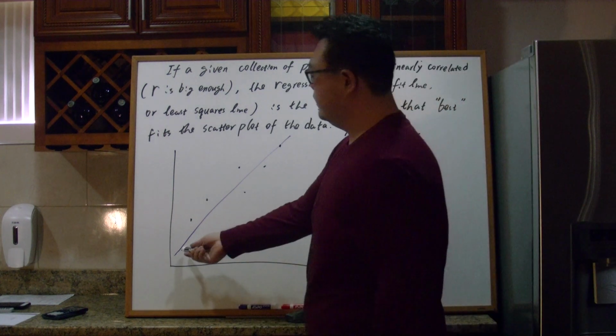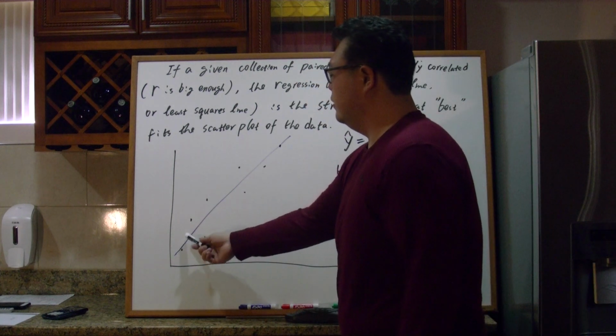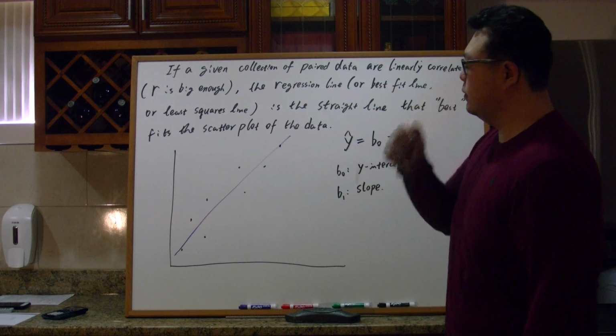We have each pair as x, y here, and for different x we're able to pass the line there, that is y equals b0 plus b1 x.